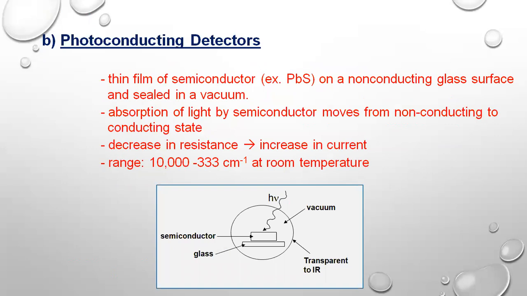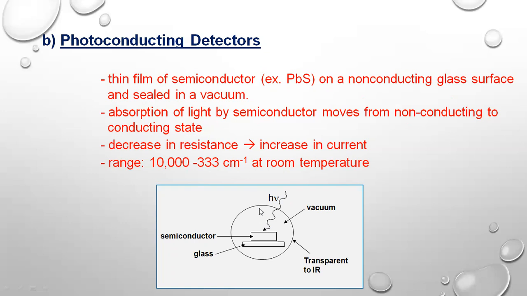Another is photoconducting detector. Photoconducting detector is a thin film of semiconductor like lead sulfide on a non-conducting glass surface. Here you can see in the figure at the bottom there is a glass, and upon the glass there is a non-conducting semiconductor thin film.